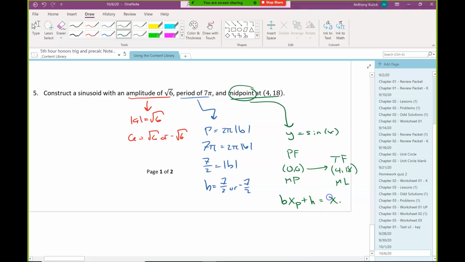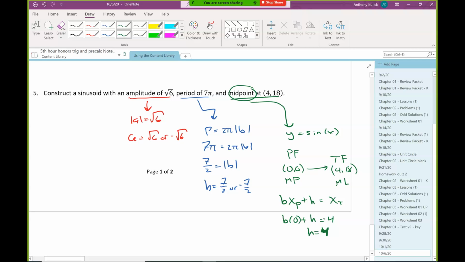That should give us the x in the transformed function. Right, when we're graphing, that's the transformation map we use. So in this case, we'd have b times 0 plus h should give us 4. Now, it didn't matter what the b was here because we're multiplying it by 0. So we just have that h is 4.